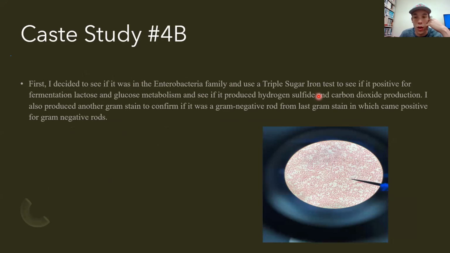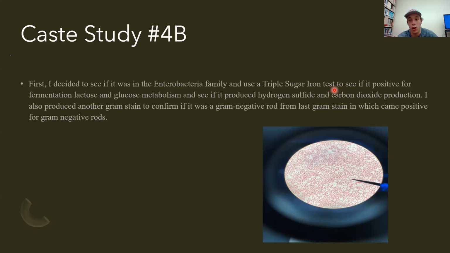So what I first did was a triple sugar iron test to see if it was capable of fermenting lactose or glucose in the metabolism of the organism, and to see if it produced hydrogen sulfide or carbon dioxide, to narrow down my results from the enteric family list.